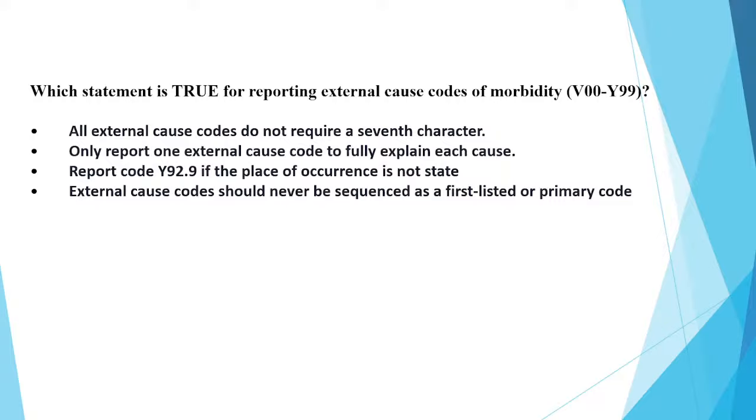Abida, correct answer, guys. Option D. External cause code should never be sequenced as a first listed or primary code. Okay, so we can take this code as a last code or a middle one, not as a primary. Correct answer. What about others? Just drop your comments in the comment box.